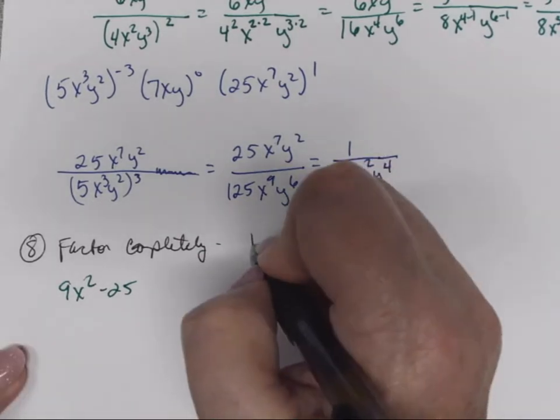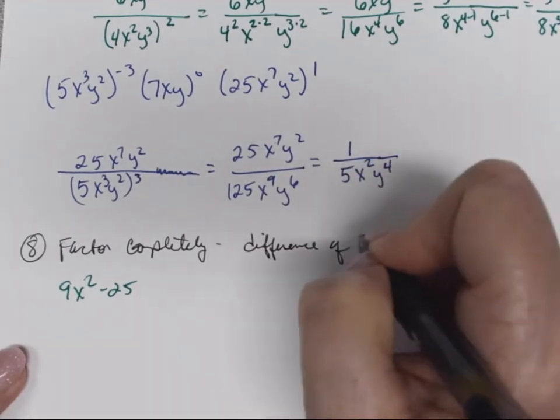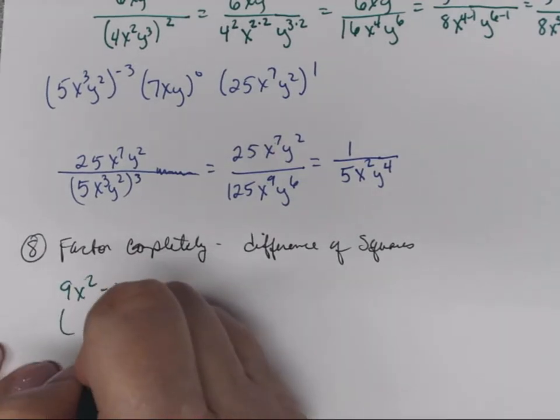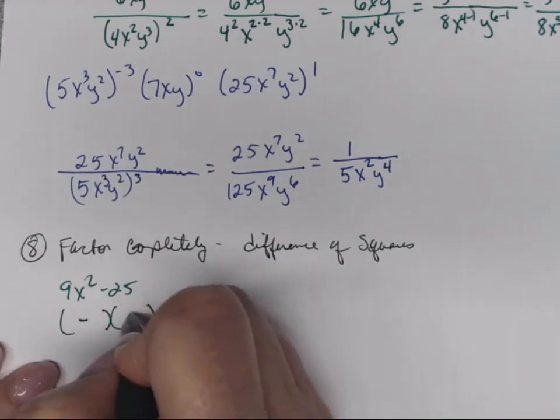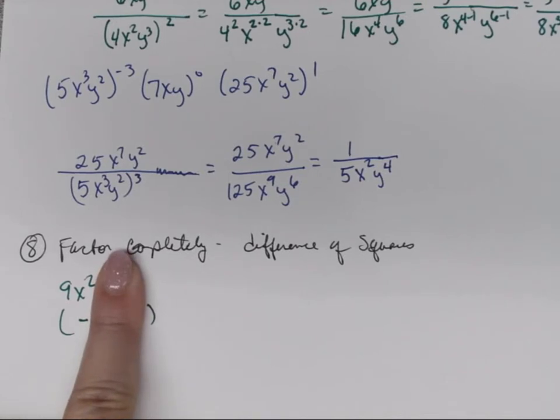Let me write that out again. It's difference of squares. It's one of the easiest ways to factor if you know what it is. These will factor to be a minus in the middle and a plus in the middle. It doesn't matter if you put minus plus or plus minus. Basically, you're going to look at that and take the square root of each of them.